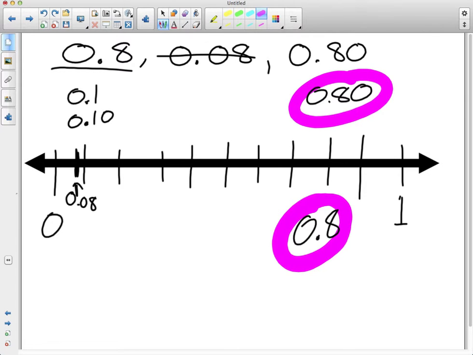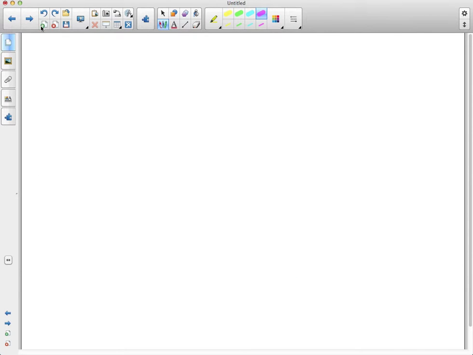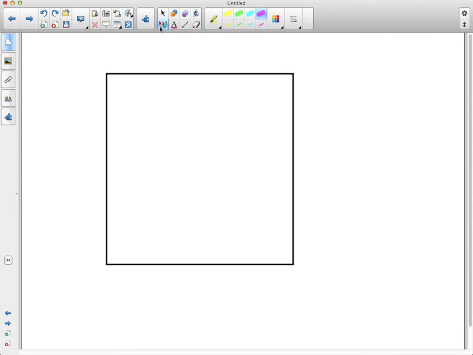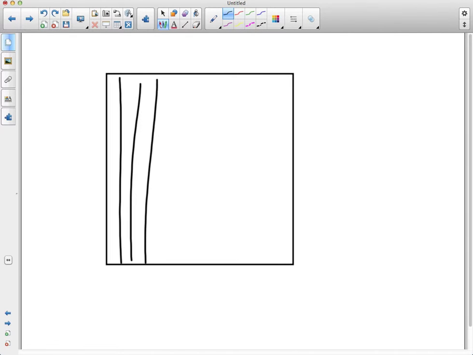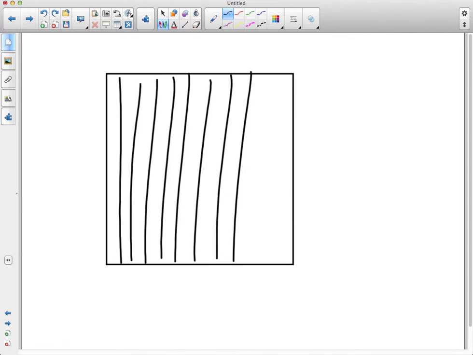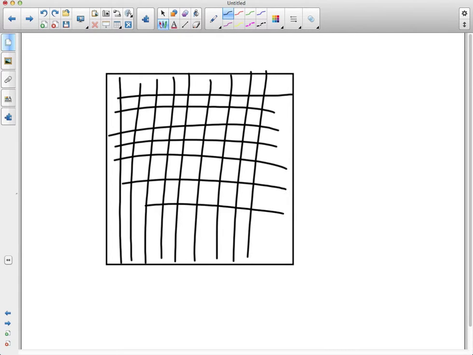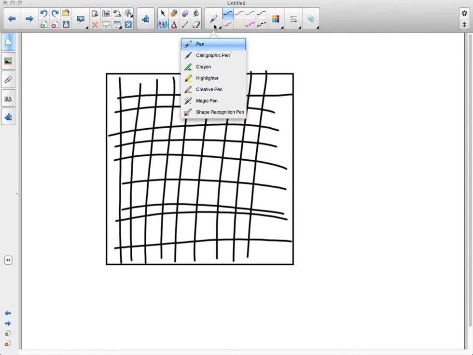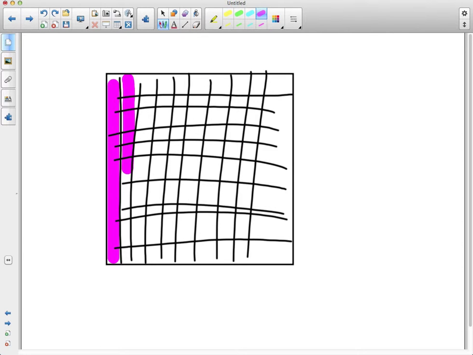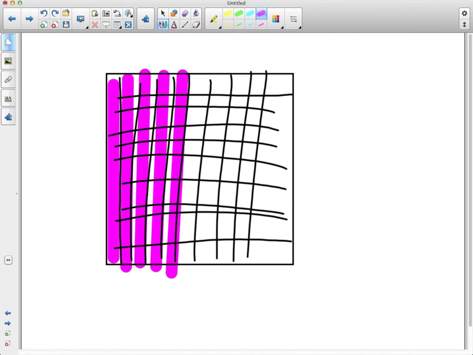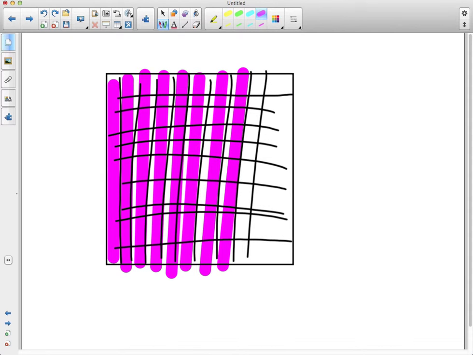So we know that they are on the same hash mark right here. And Jack, let me go ahead and just further that understanding. If we had our flat and we divided it just quickly into 100, and we covered up with 8 longs, that would be 1, 2, 3, 4, 5, 6, 7, 8.